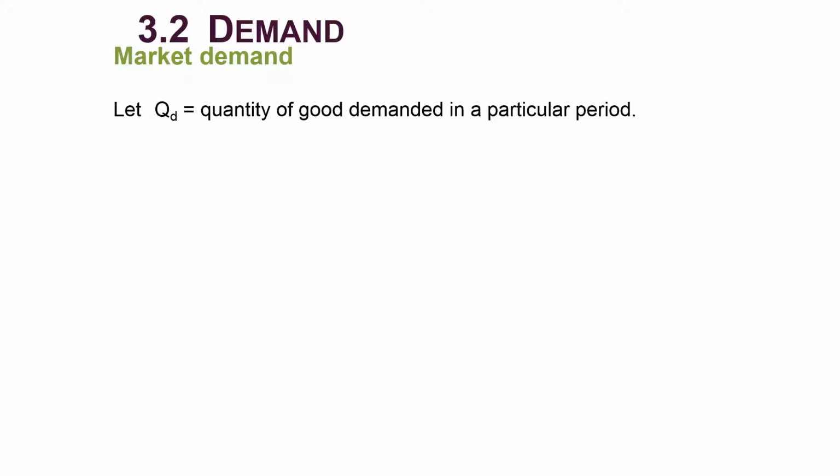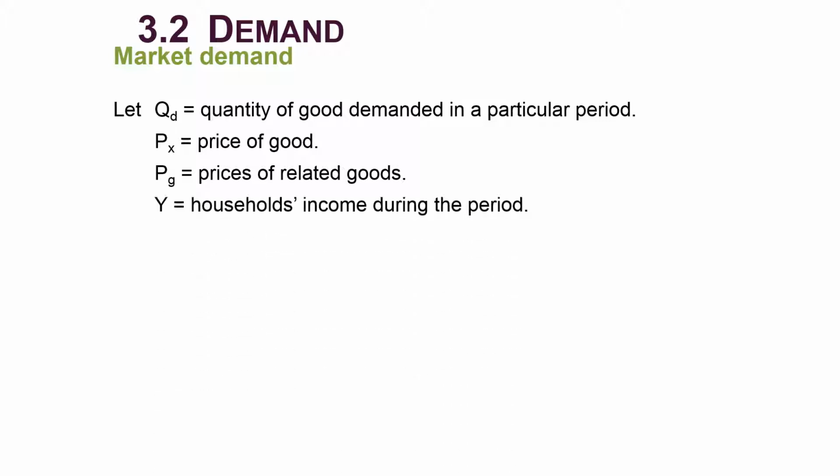For example, let QD represent the quantity of tomatoes demanded in a particular period. PX represents the price of the good, or tomatoes. PG represents the price of related goods, be it substitute goods or complement goods. Y represents the household's income during the period.